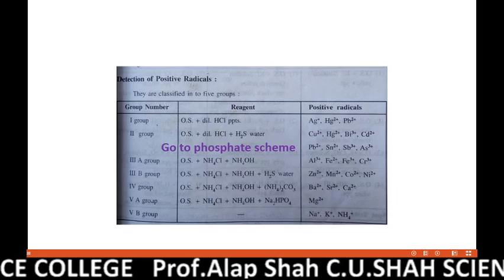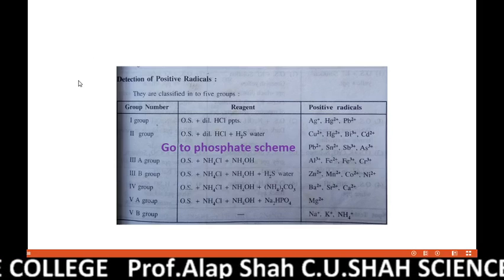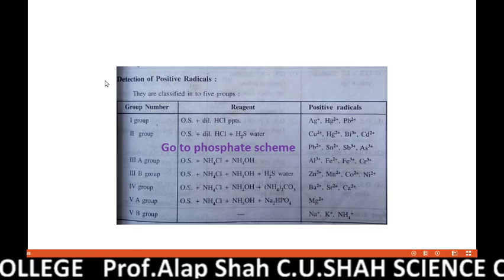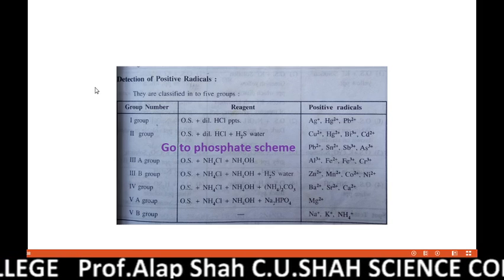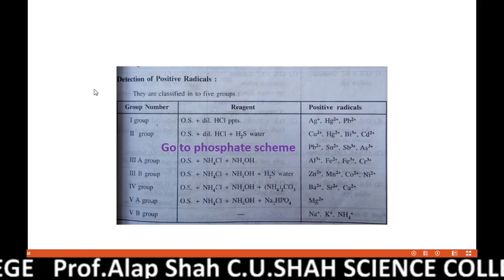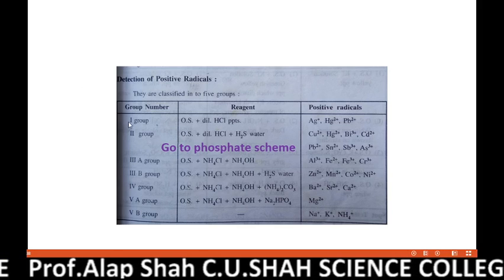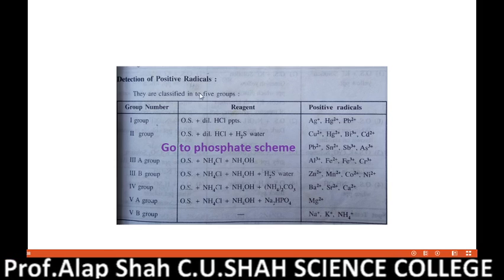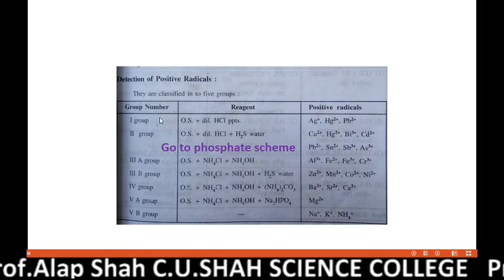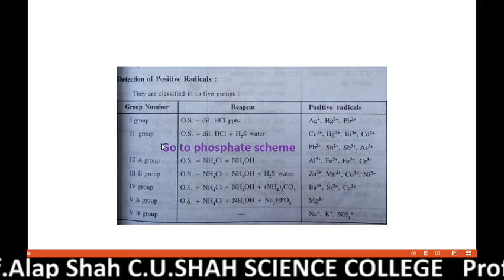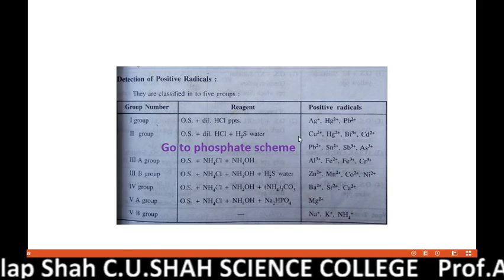So let me tell you, suppose your compound is water insoluble and as a negative radical from the dry test, you have identified that PO4 minus 3 is present. Now in group 0, you prepare OS in HCl. Now you check the first group, it is absent. You check the second group, again it is absent.